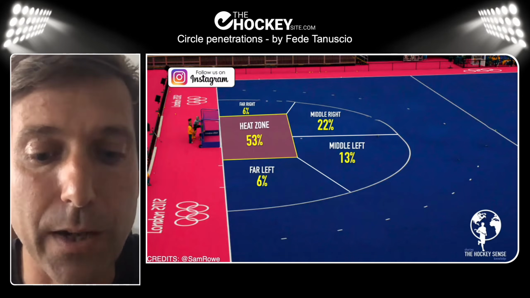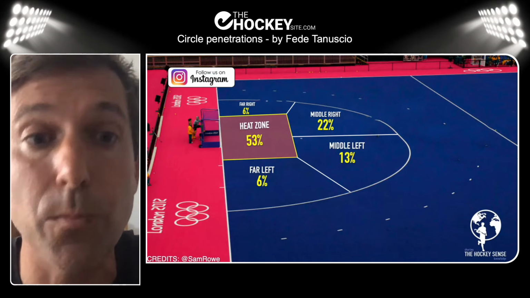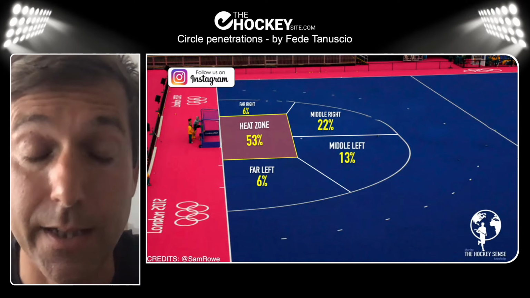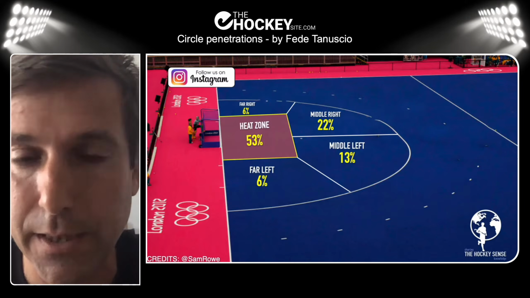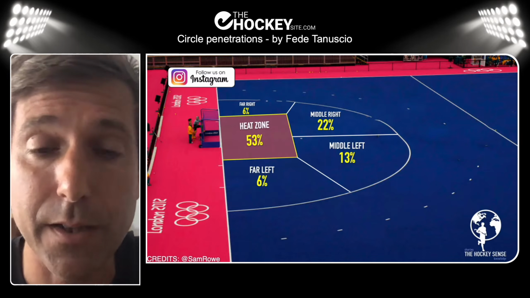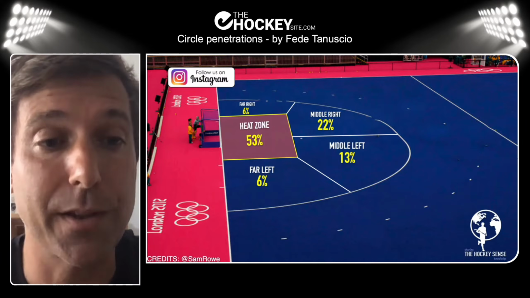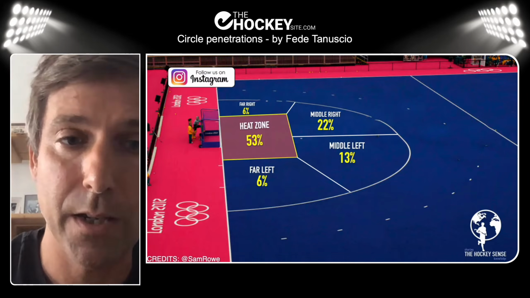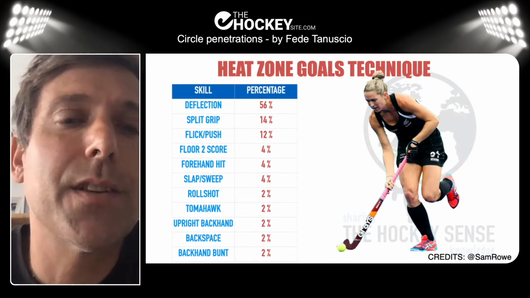So that's what I said: if you have at least a little structure for how to play inside this zone, we can be much more efficient, and that's why it's really important to work in this part of the field. After that we have middle right 22%, middle left 13%, and then far right and far left with just 6% of efficiency.